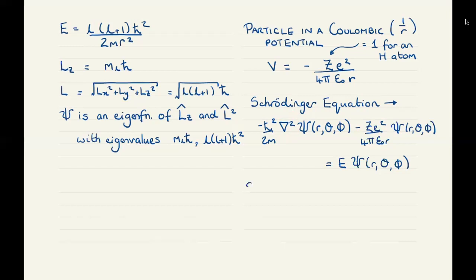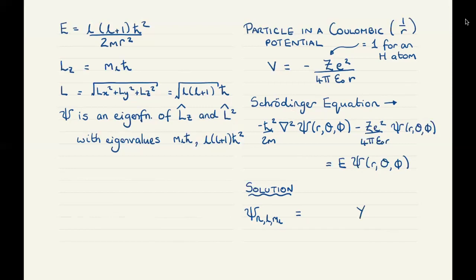And so our approach to solving this equation will be to look up the solutions. And the solution is that the wave function is now described by 3 quantum numbers, n, l, and m sub l. The l and m sub l that we had before, and now another one, n. And it's a product of 2 terms.